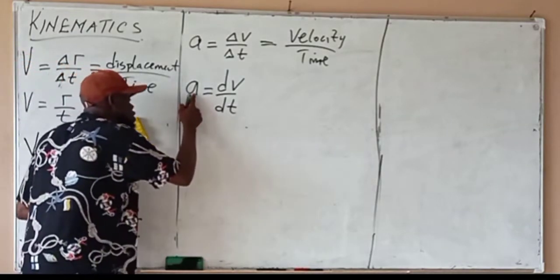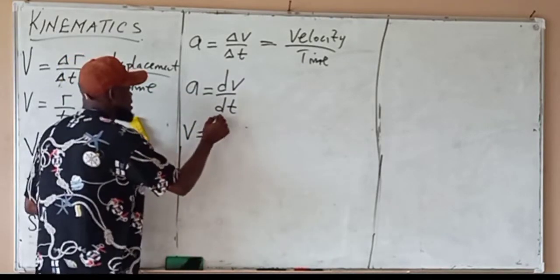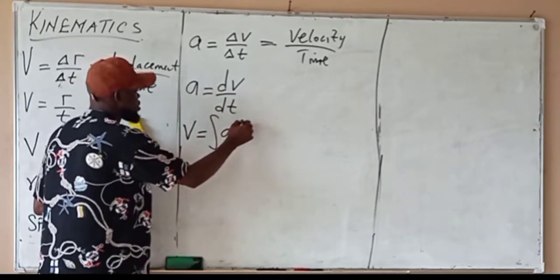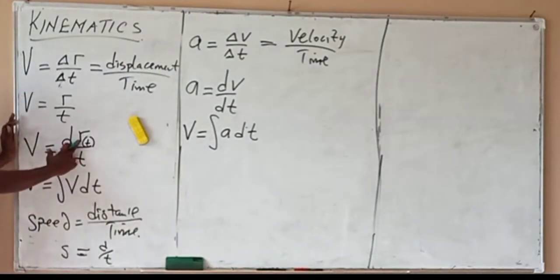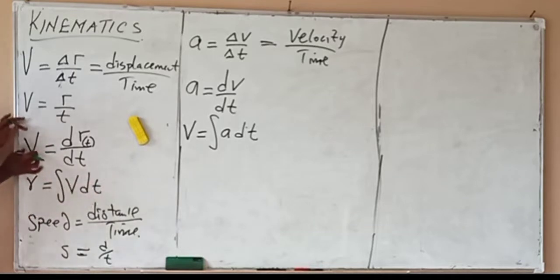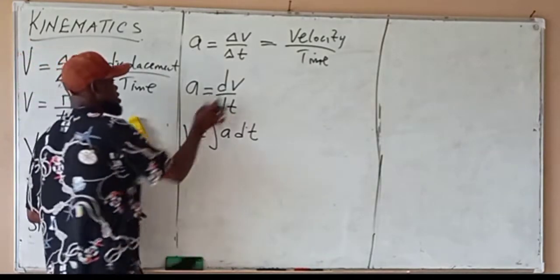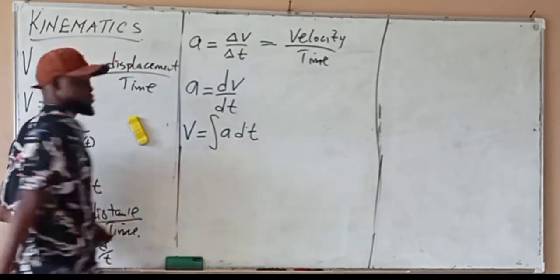And if I give acceleration as a function of time and ask what is velocity, velocity will be the integration of acceleration with respect to time. Just as displacement is equal to the integration of velocity with respect to time, and distance is equal to the integration of speed with respect to time. So velocity is the integral of A dt.